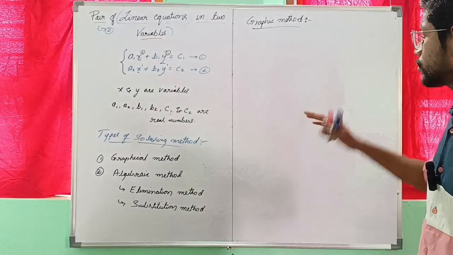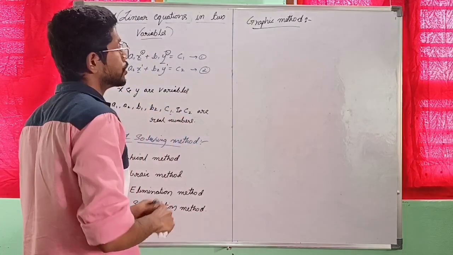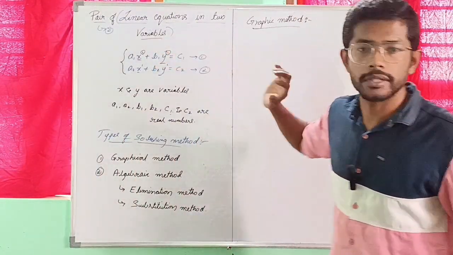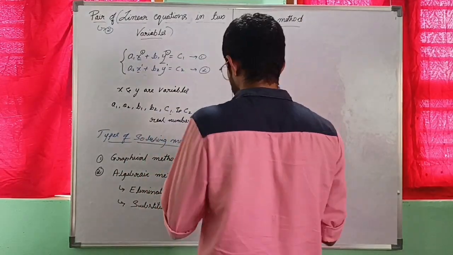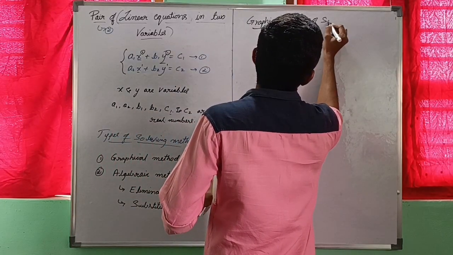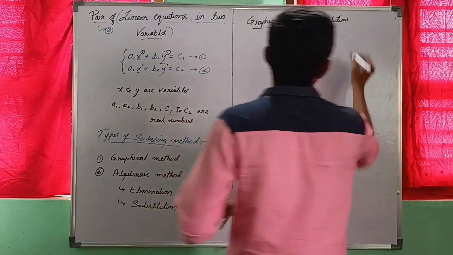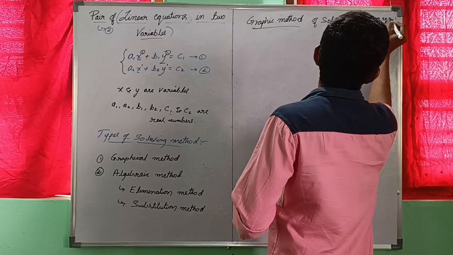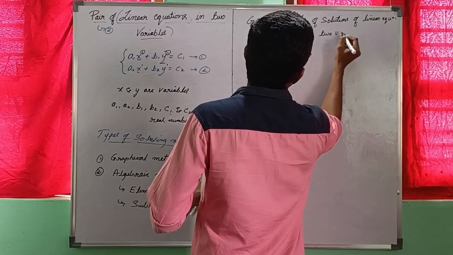What is this graphical method of solution of the linear equations in two variables? Let us write: graphical method of solutions of linear equations in two variables.